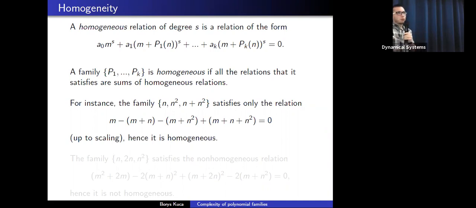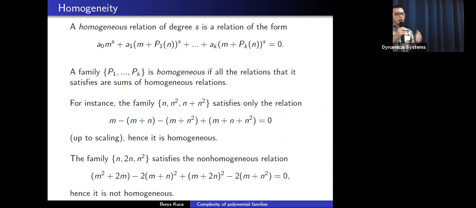But let's now look at another example. Let's look at n, 2n, n squared. I showed you before that it satisfies the following relation, and I'm claiming that it's non-homogeneous. Why is this so? It's for two reasons. First, the polynomial in m is not a monomial. It's not a homogeneous polynomial. And second, whereas the polynomials in m plus n and m plus 2n are all quadratic, the polynomial in m plus n squared is linear.